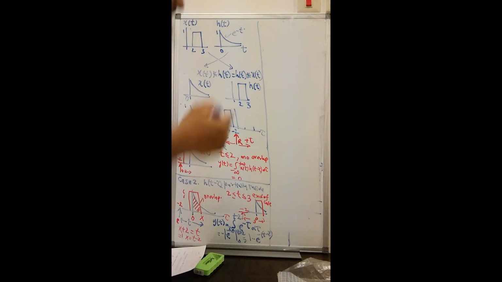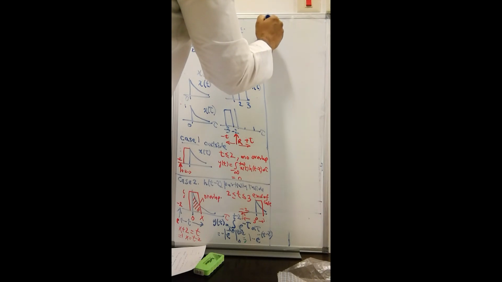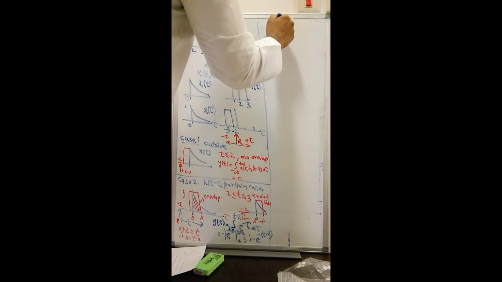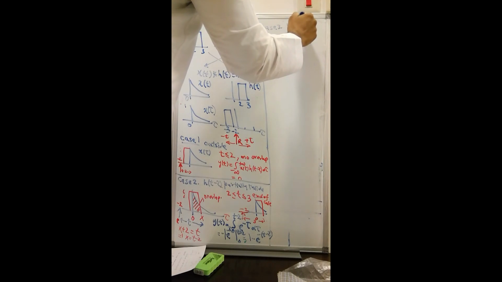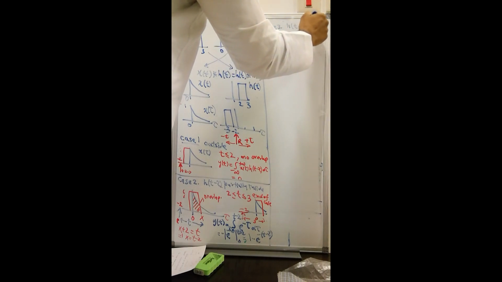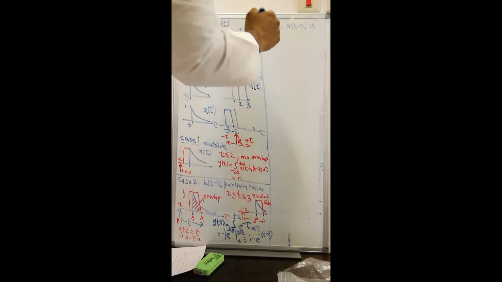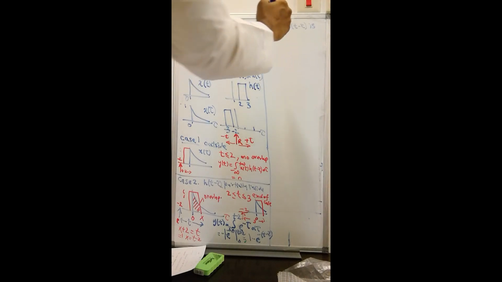Okay, now the last case, case 3. h of t minus tau is completely inside.